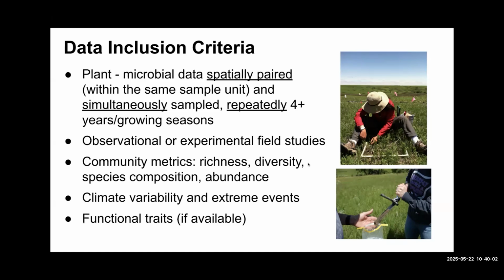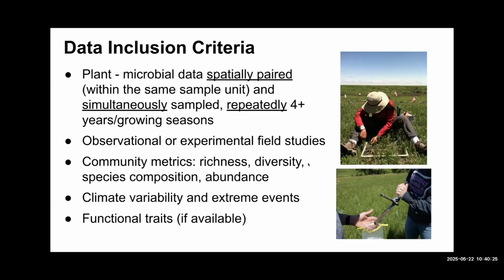As we mentioned, we're really interested in responses to different global change drivers. So we were also looking for climate variability data, primarily temperature and precipitation, but also data on extreme events, such as droughts and heat waves, that we could potentially attribute some community responses to.